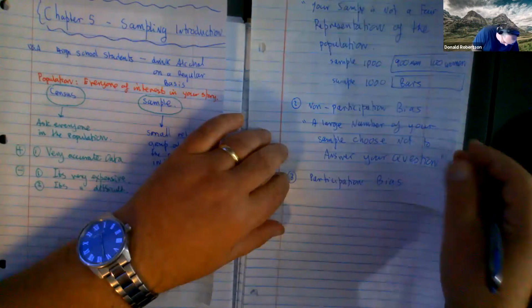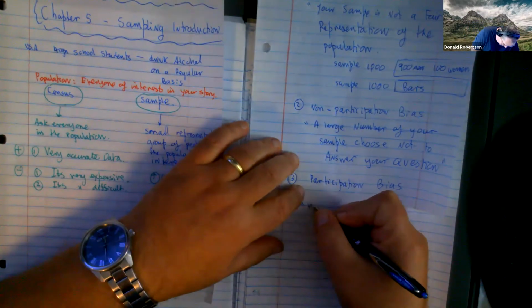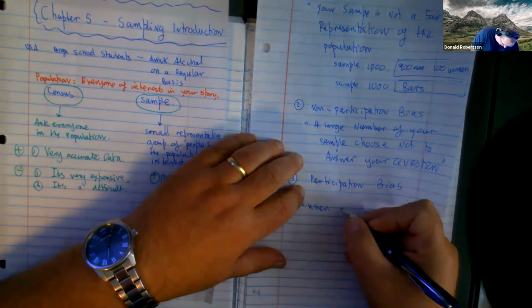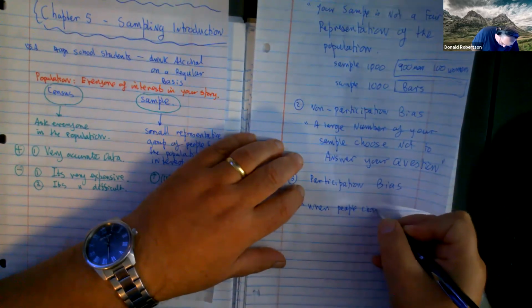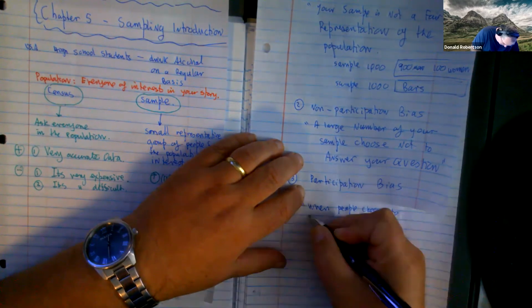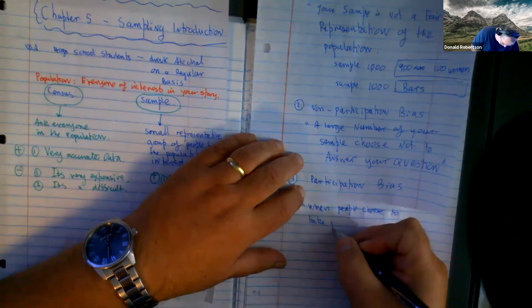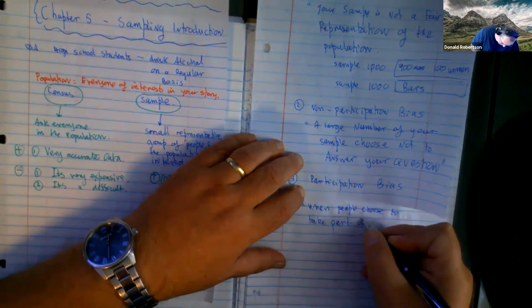Participation bias is when people choose to take part in the sample.